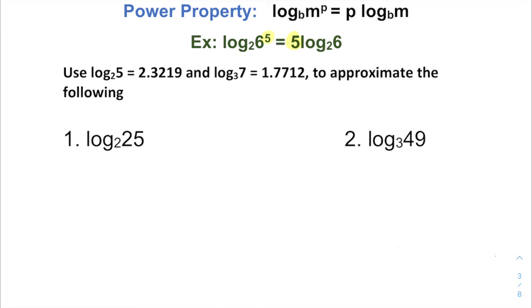I want to use the power property here. So I am going to change 25 to a number that they give us in the directions to use, raised to an exponent. I know I could rewrite log base 2 of 25 as log base 2 of 5 squared. Since they gave us log base 2 of 5, I wanted to use 5 to the something power.